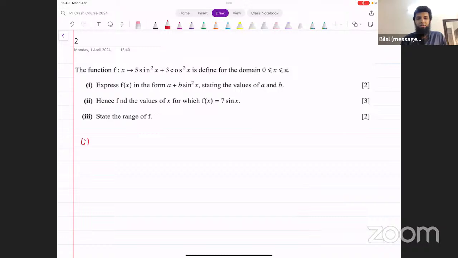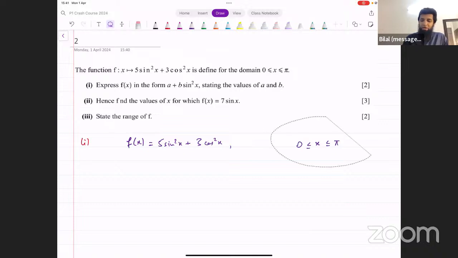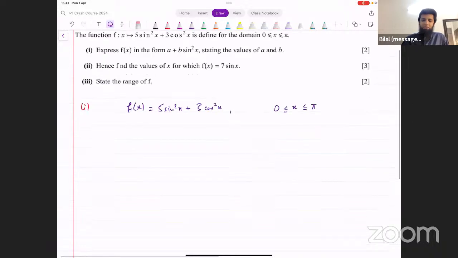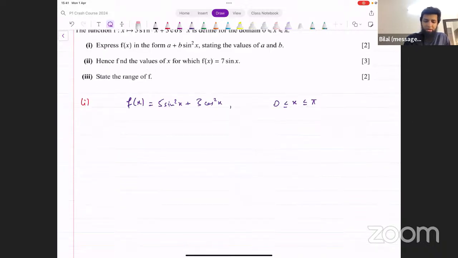Okay, so you have this function f of x equals 5 sine square x plus 3 cos square x, and the domain is from 0 to pi. The first part asks you to convert it to a plus b sine square x.